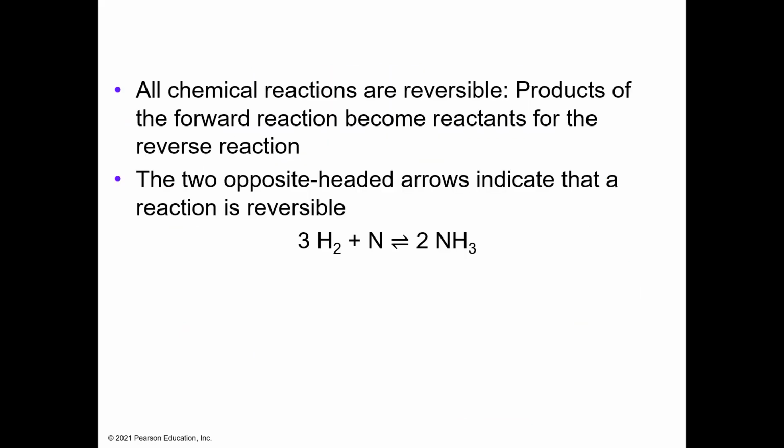It's important to know that all chemical reactions are reversible. We like to think that reactants produce a product, but really it can go the opposite way. You can take a product and break it back down into the reactants chemically. So you'll have a double arrow to indicate that things can be reversible.